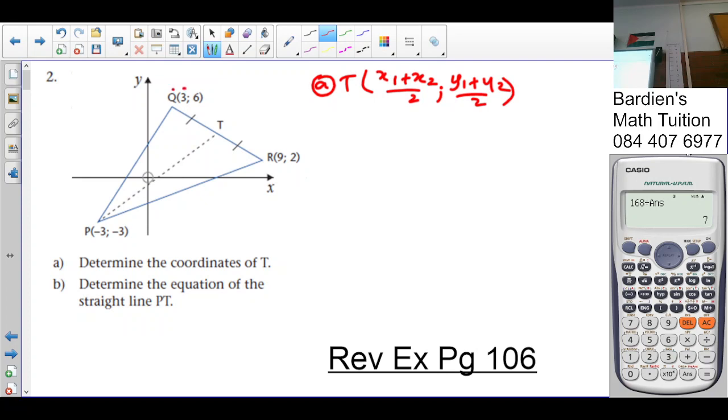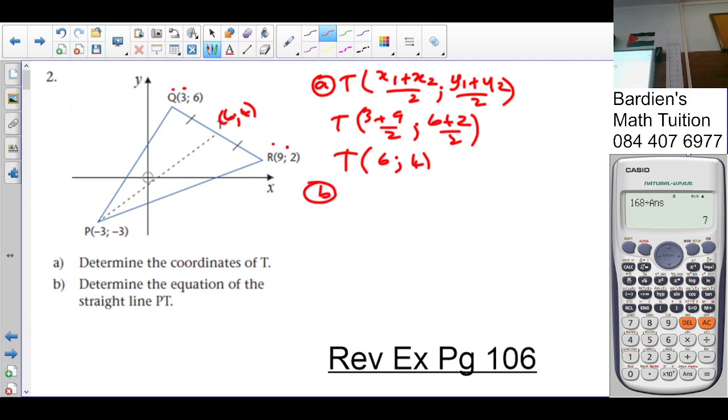So T would simply be 3 plus 9 over 2 and 6 plus 2 over 2. So that gives us 12 over 2 and 8 over 2, so that's going to give you 6 and 4.